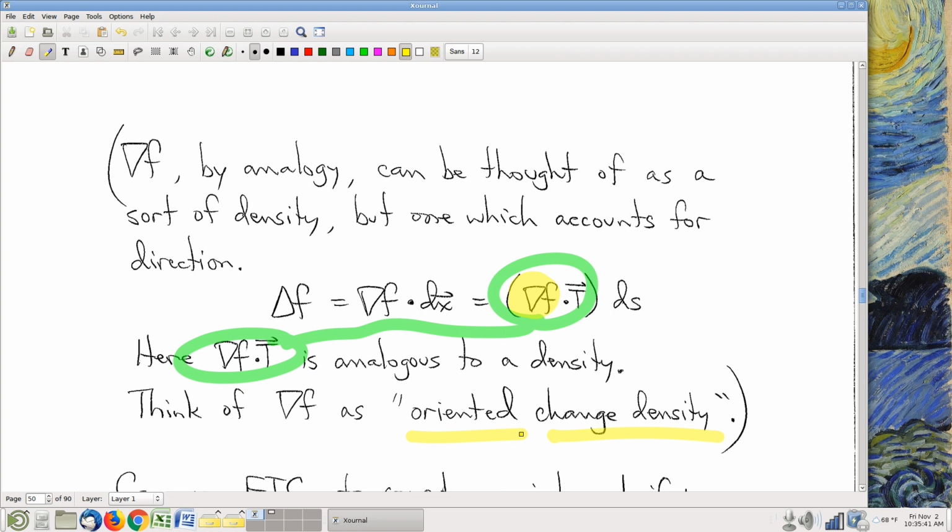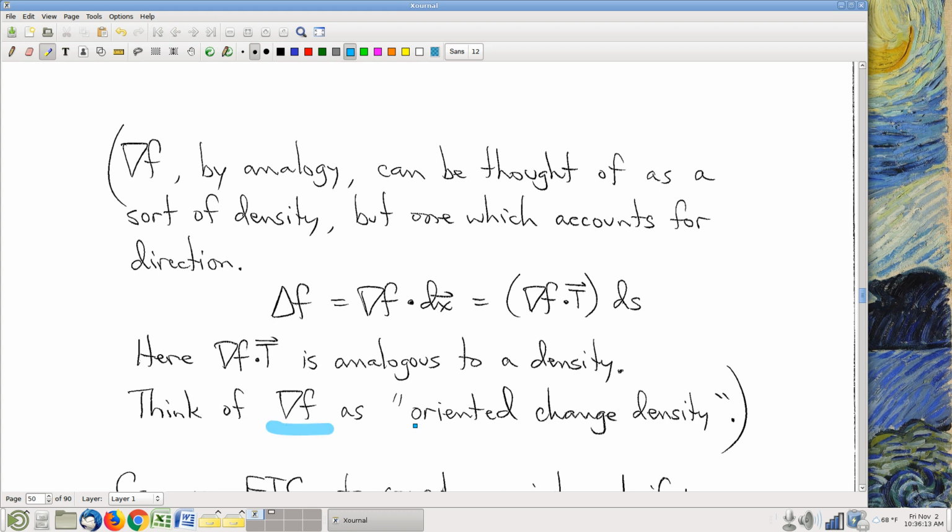We often refer to directions as orientations, and so I like to call the gradient an oriented change density. It's got the starting change density, which is what's fundamentally happening with the function itself. And it has, furthermore, an additional tool that tells you how to adapt that information to what's relevant to your personal interests. Namely, I'm going that direction instead of that direction. Okay. So the gradient is an oriented density.